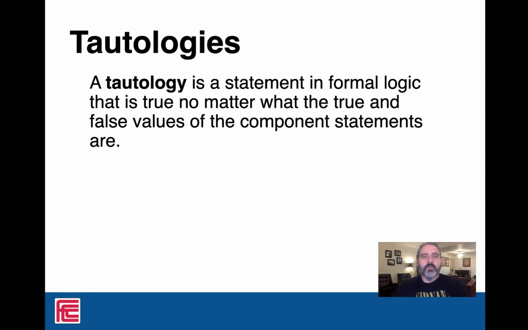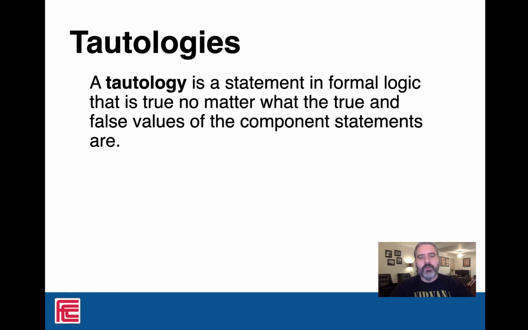So we'll start with this taxonomy of statements: tautologies, contradictions, and the most common, contingencies. I said contradictions, right? Anyway, a tautology is a statement that is true no matter what the components are.